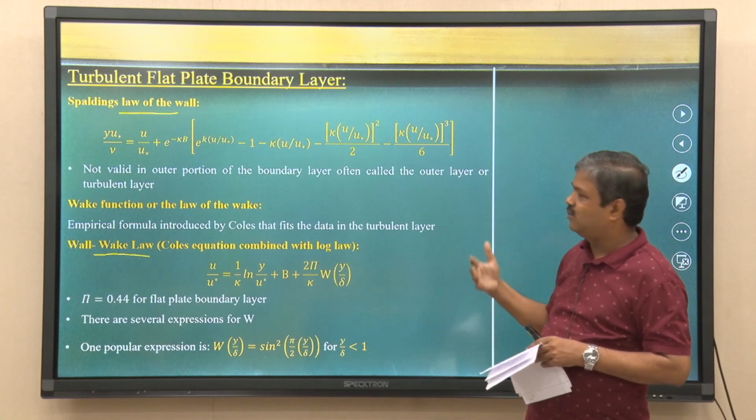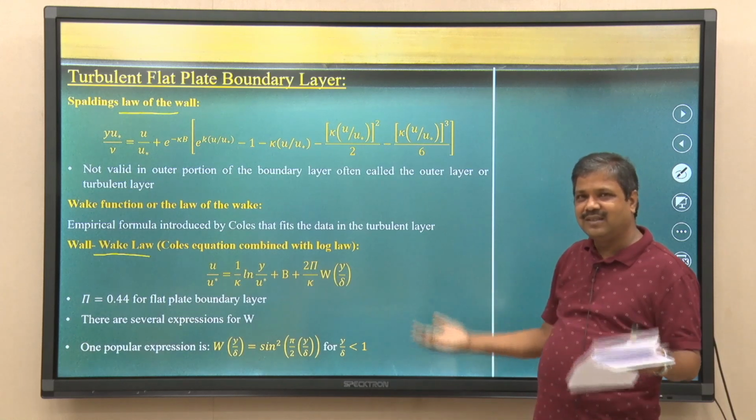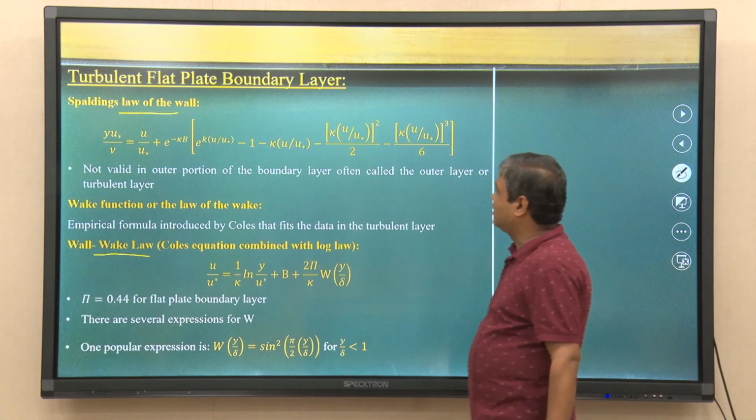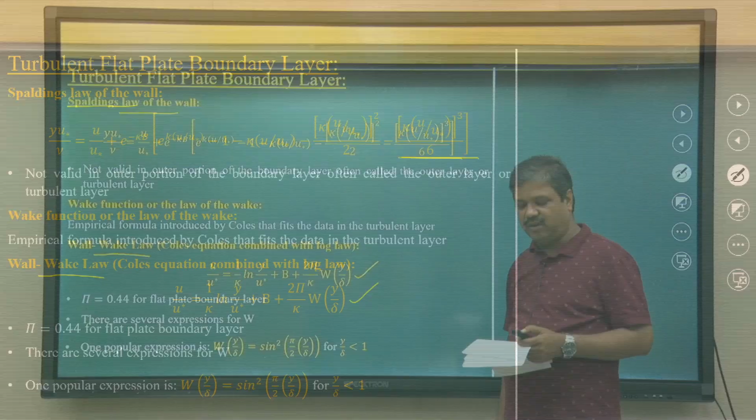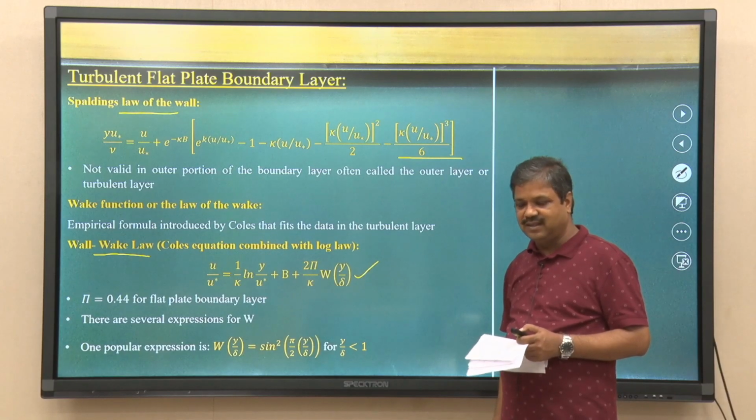We try to do it with empirical concepts from experimental data. So, the equations are different, and they have real utility for different cases.